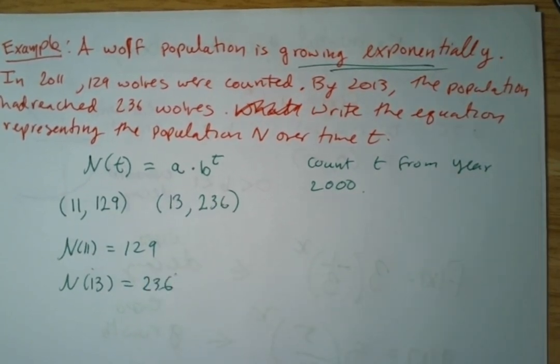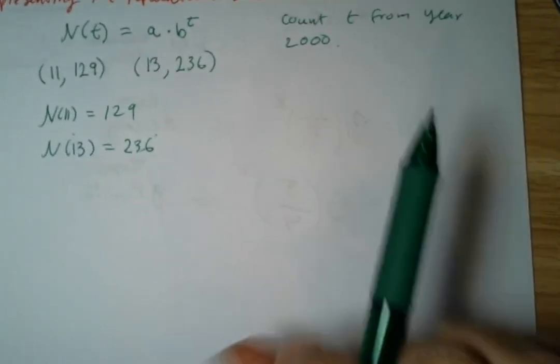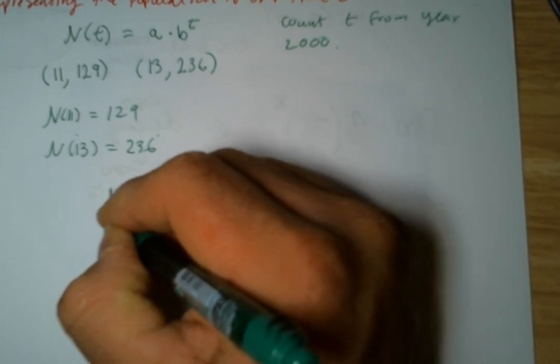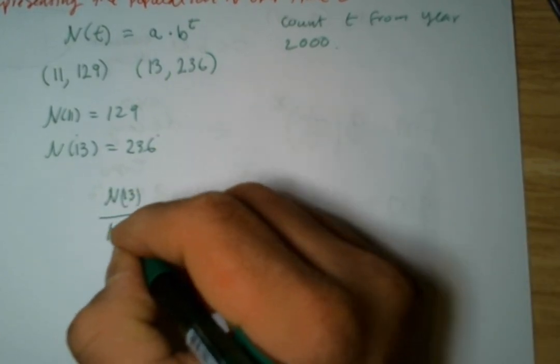The first thing I'm going to try to do is find the value of b. The way I'm going to do that is look at the ratio of these values, N of 13 divided by N of 11.